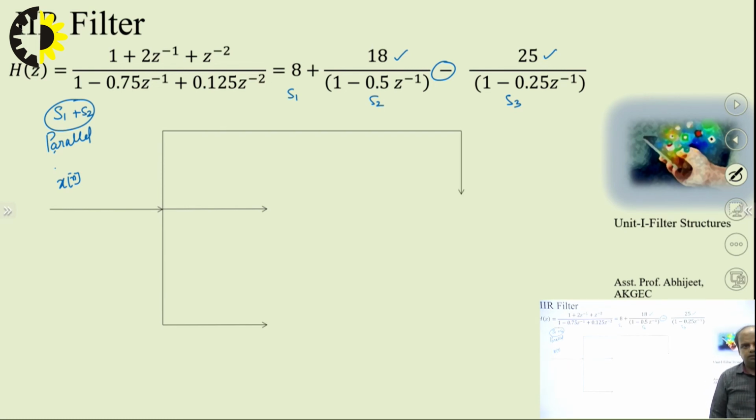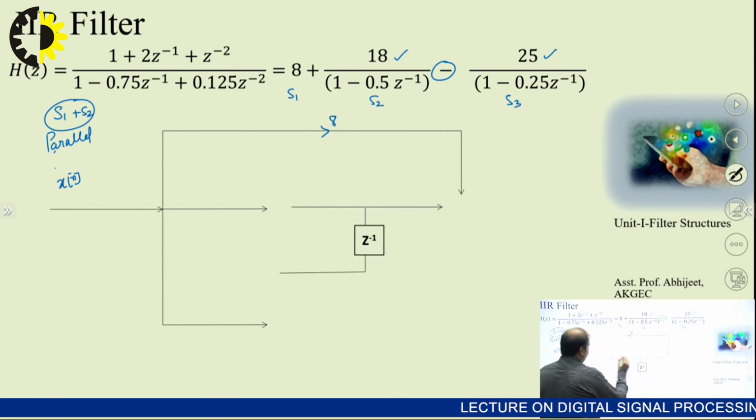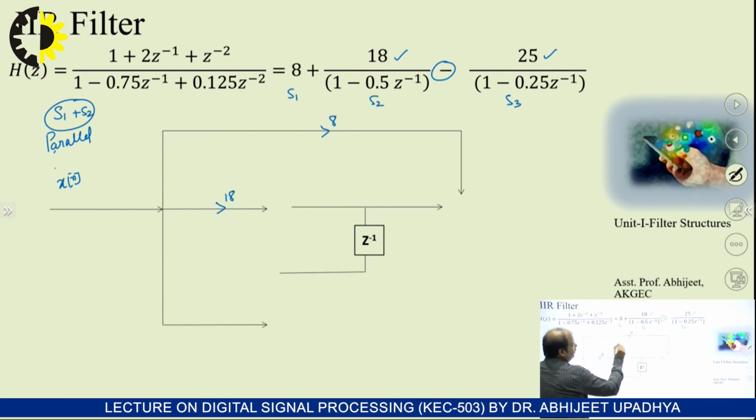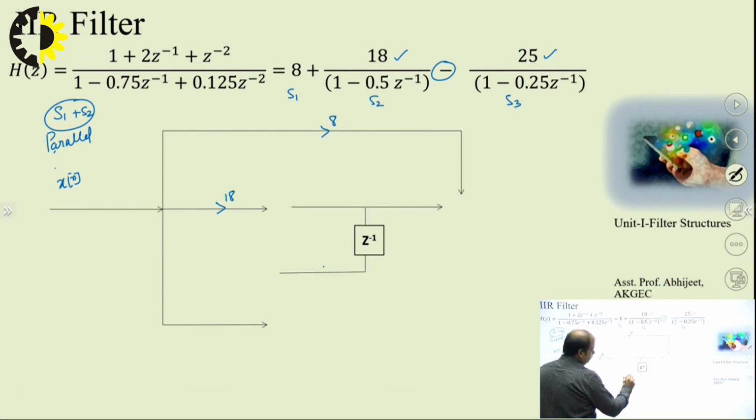The first one, at the top, represents the constant coefficient of 8 for S1, that will be added. The second one is representing S2. You can multiply 18 here, and it is Z inverse and the opposite sign of the pole will be added.